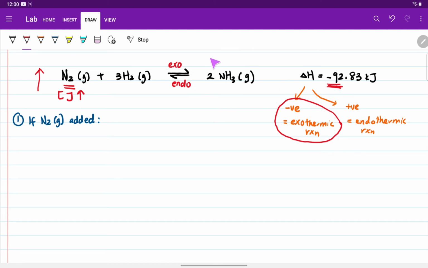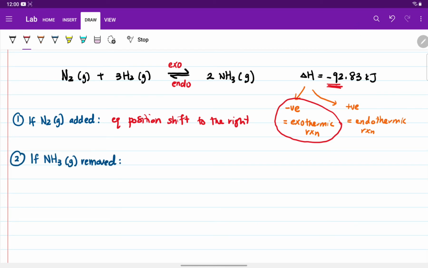Bahagian belah kanan ni akan nampak sebagai rendah. So, that's why our equilibrium position akan ke mana? It will shift to the right. Okay, equilibrium position akan shift to the right. Hasilnya, concentration of NH3 akan increase.